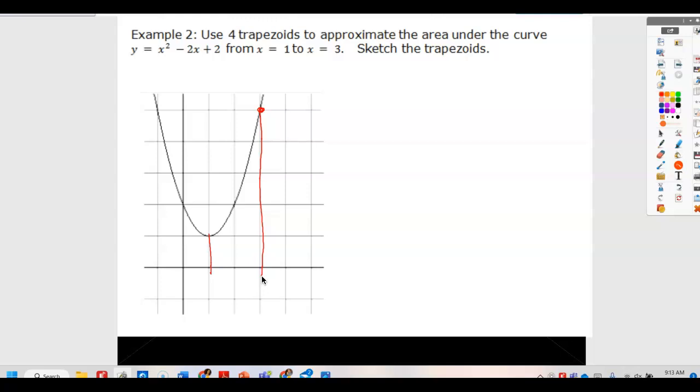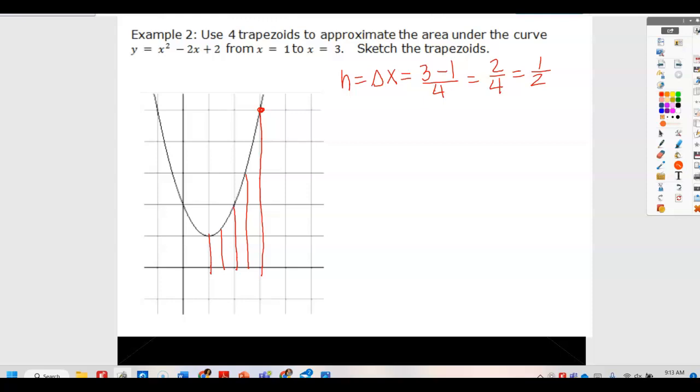I need 4 trapezoids, so that means that my height, or my delta x, is equal to 3 minus 1 all over 4, or 1/2. Just like in our previous units, if I need to break this base area into 4 subintervals, I am going to need the heights at 5 points, because you have your beginning, your end, and the midpoints in between.